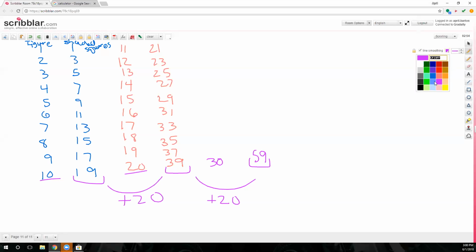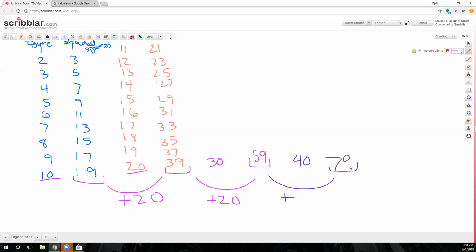So if we do that again, if we go up to 40, we would go 20 more again. So how many blocks would we have with 40?